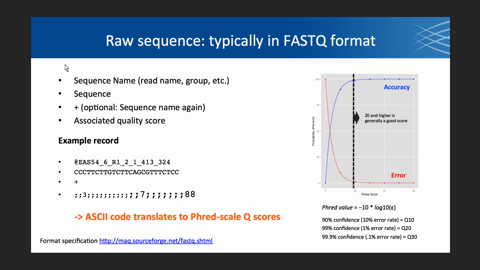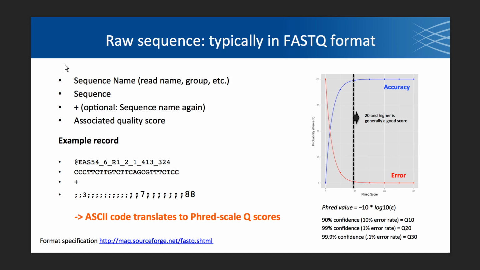So here's a kind of a plot to exemplify what that means. As we go from 0 to 60, the accuracy shoots up from 0 to 100%, and the error rate goes down from 1 to near 0. And as you can see, once you're above 20, then you can kind of say, well, this is pretty good quality.